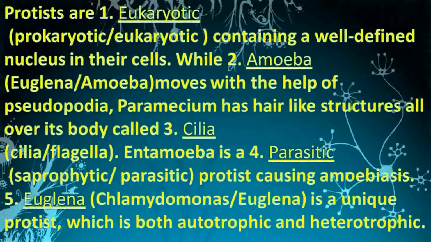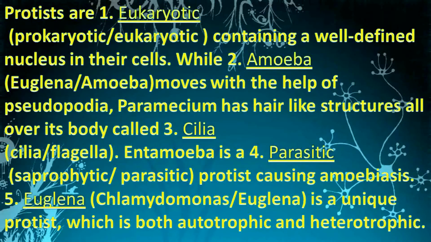Answer is protists are eukaryotic containing a well-defined nucleus in their cells, while amoeba moves with the help of pseudopodia.